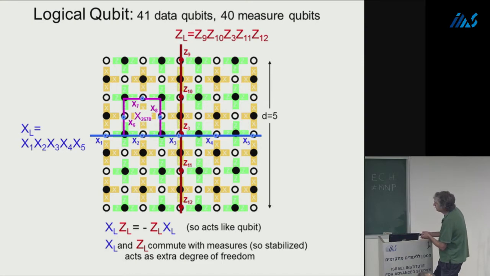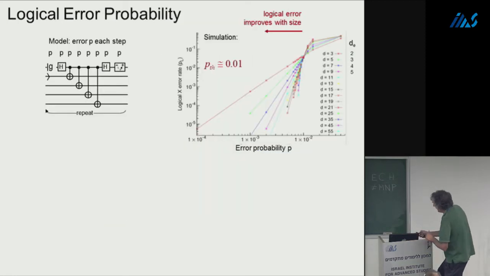In fact, you can generalize this and say anything starting from this side and ending up at this side is logically equivalent to this. So there's only 1 degree of freedom in this, and you store your qubit in that way. Okay, so that tells how to see the errors and make a logical qubit in the surface code.